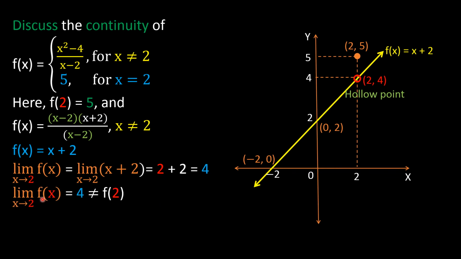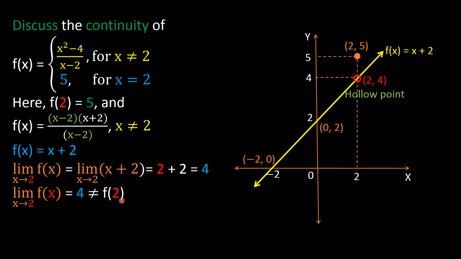Here, the limit of f(x) as x approaches 2 is 4, and f(2) is 5. Therefore, the limit is not equal to the value of the function at x equals 2.